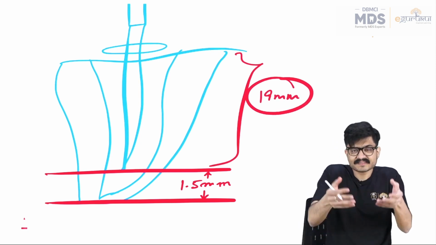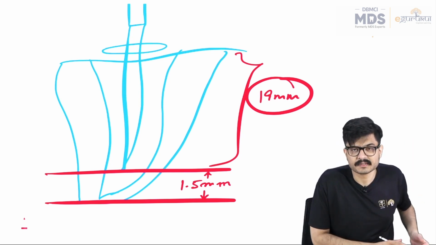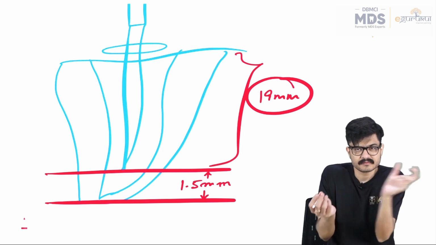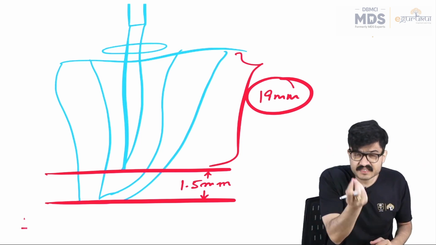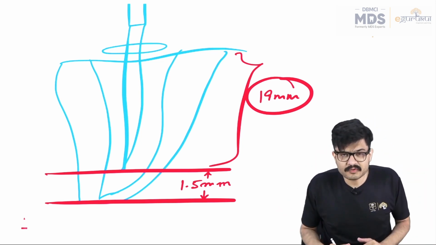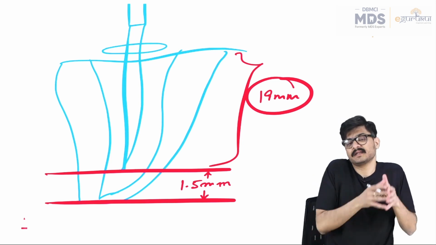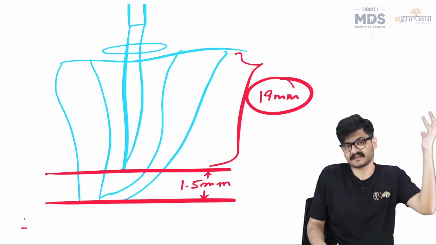Why? Because this is the distance that I've measured physically outside the oral cavity, right? I've taken my ruler or my endo gauge or my endo block and I've measured it physically with my own hand. So this distance is 19 mm. So what do I do? That means my determination of my tooth length was not correct initially because my X-ray was distorted.